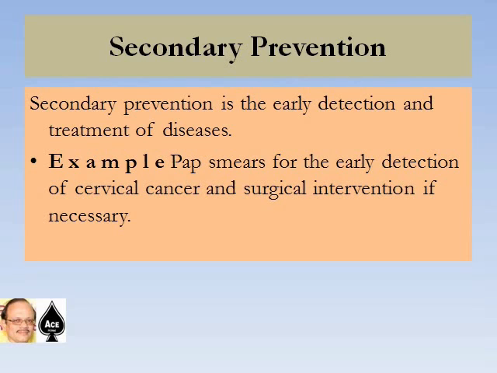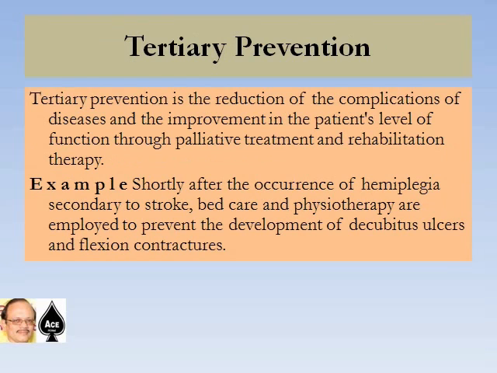Secondary prevention. Secondary prevention is the early detection and treatment of disease. Example, pap smear for early detection of cervical cancer and surgical intervention if necessary is actually a secondary prevention, not a primary prevention. Tertiary prevention is the reduction of the complications of the diseases and the improvement in the patient's level of function through palliative treatment and rehabilitation therapy.